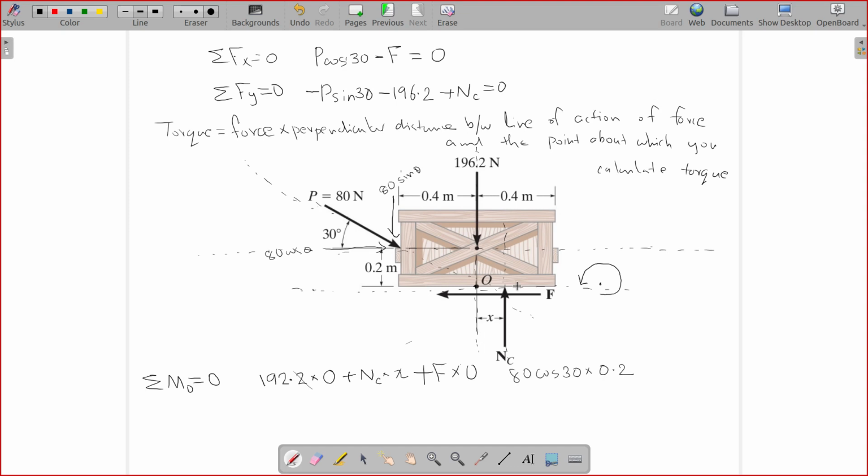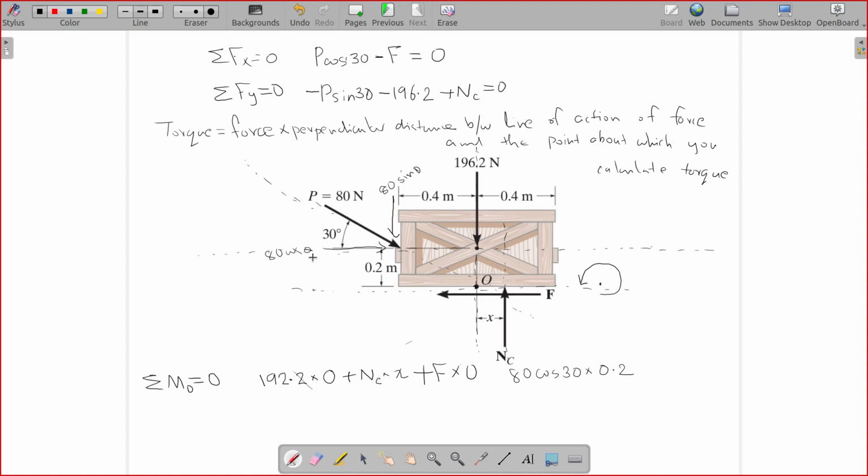Earlier for N C, we thought of it like that, right? This is point O, and N C, when you push it here, is going to rotate in this direction, right? It tends to rotate in this direction.